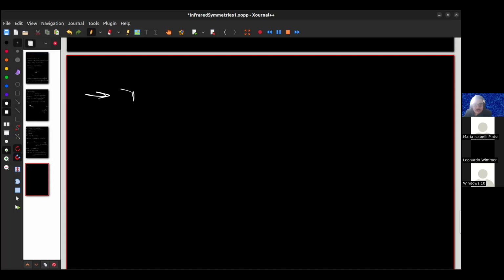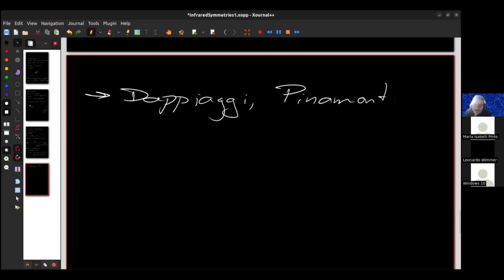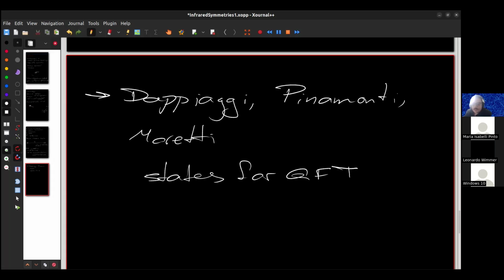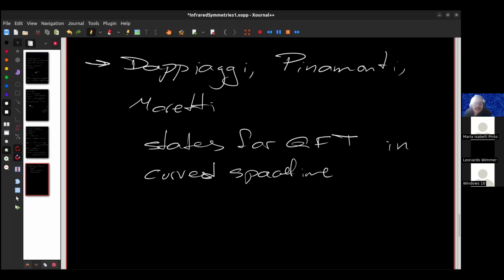You have a construction due to Dapiaggi, Pinamonti, and Moretti of states for QFT, quantum field theory, in Minkowski spacetime. What they did is exploit the existence of super translations to construct states for quantum fields in Minkowski spacetime.